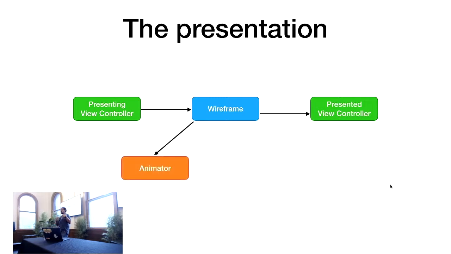It returns the animator, which is going to be doing all the animation. And because I have this interaction that I need to track, I also need to have an interaction controller, which will allow me to attach a gesture recognizer to the view, and then it will be able to track and calculate the progress of my transition.